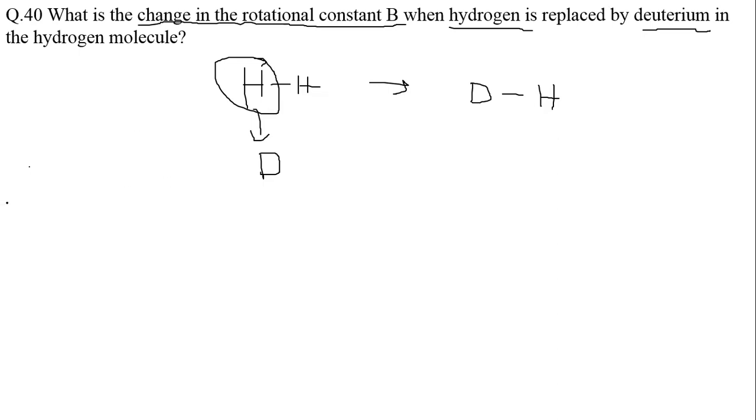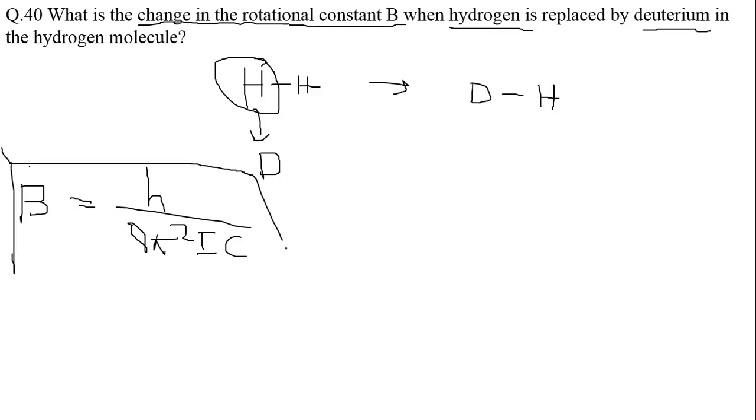The value of B is the rotational constant, and its unit is inverse length, or centimeter inverse. It is h by 8 pi squared I c. This is the expression for rotational constant.